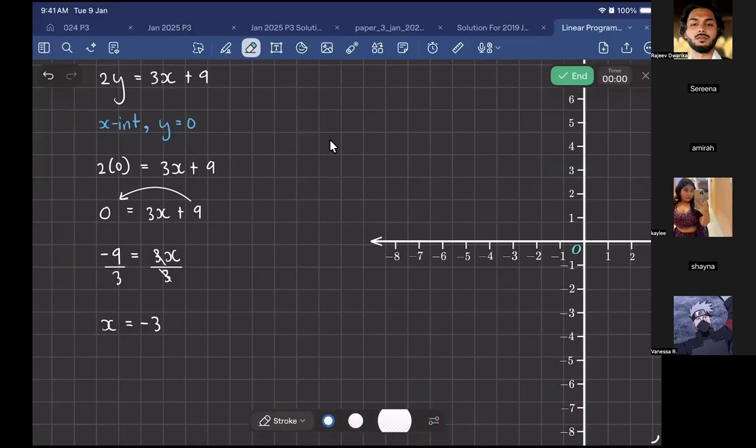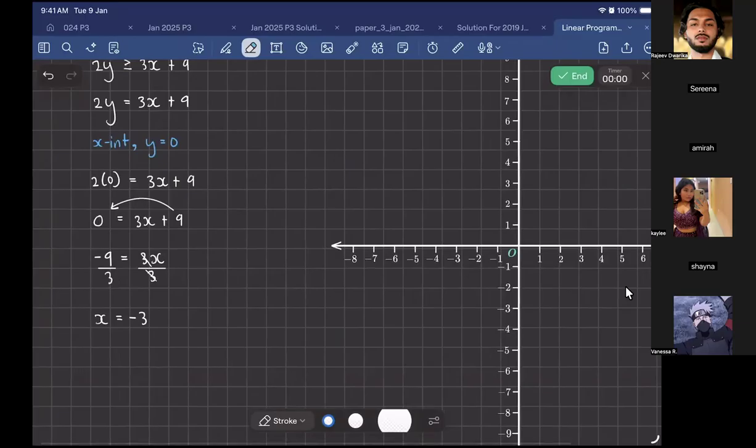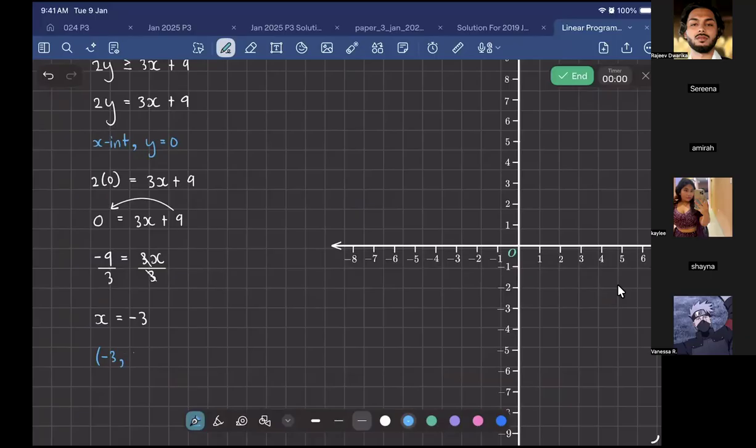Right, yeah, we'll continue. So, Vanessa, if you wanted to plot the point, how would the point look like? Minus 3 on the x-axis. Minus 3, 0. Yes, if you wanted to write the point, that's what you would put.